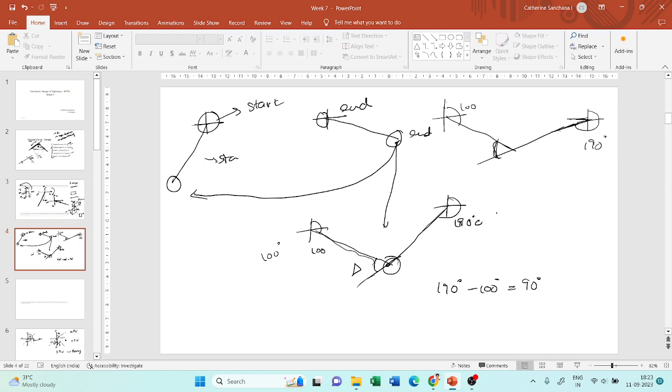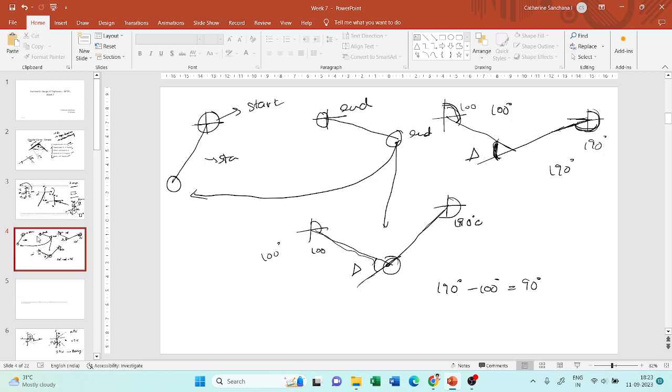So this angle is with respect to the north, it is 190 degrees, and with respect to the north again it is 100 degrees, right? Now if you subtract these two, you will get the difference between the two, and that will give you the deflection angle. So this is how you will get the deflection angle.